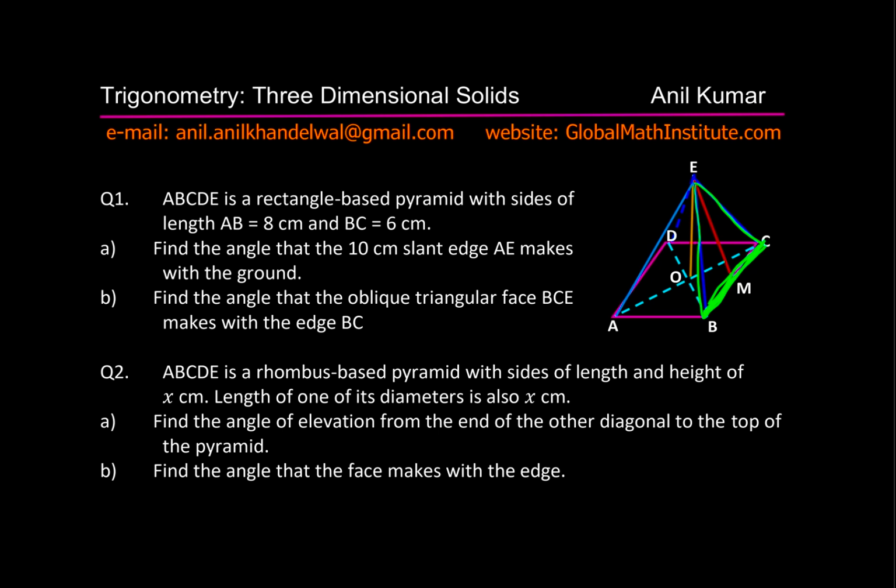The other angle is found by joining the midpoint and the angle in between. And the angle of elevation is the angle made by one of the edges with the ground. So I hope these two angles are absolutely clear.